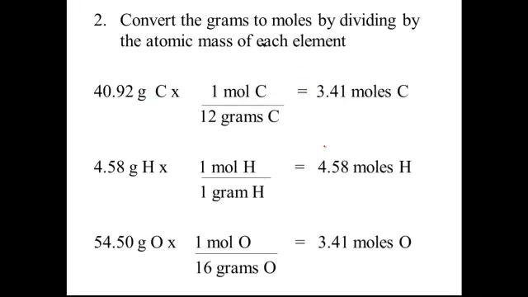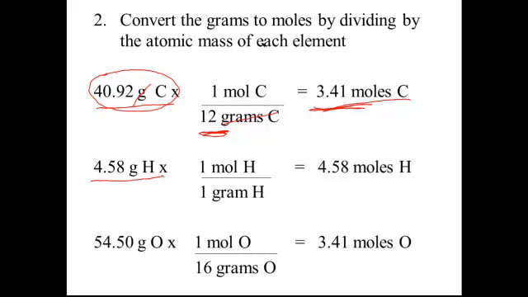On your second part, you're going to convert the grams to moles. This is something that we've already learned. If you have 40.92 grams of carbon and you need to convert those to moles, you find the molar mass of carbon from the periodic table, and the grams on the top and the grams on the bottom cancel. You take 40.92 and divide that by 12, and you get your moles of carbon.